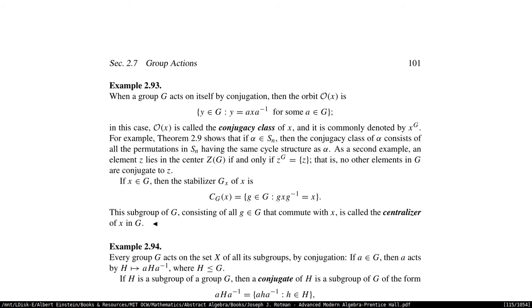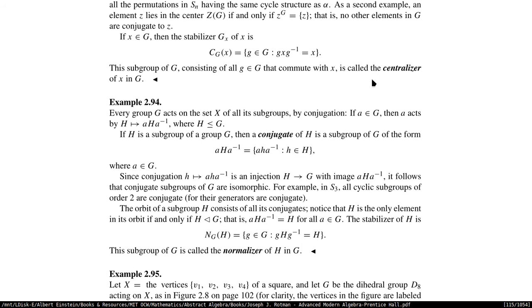A is going to be in the center of the conjugate of P, isn't it? I'm checking. Right, because if you see A times XP. Yes. Right?